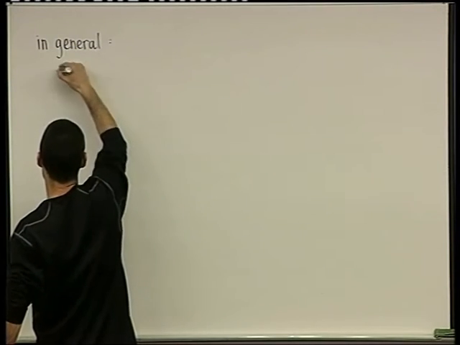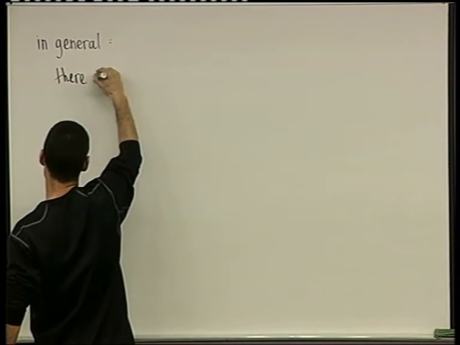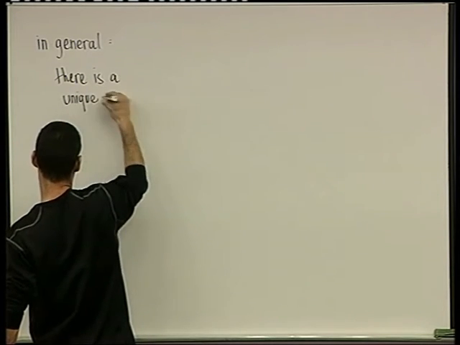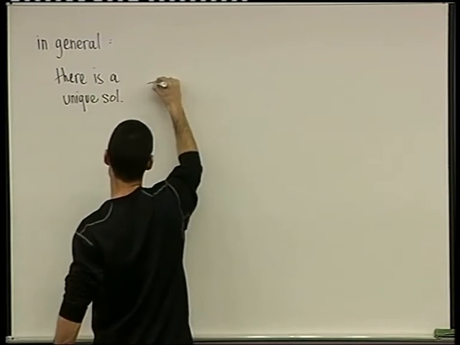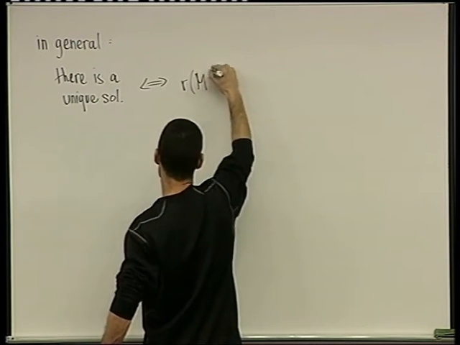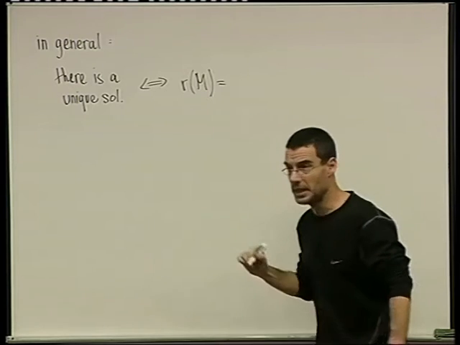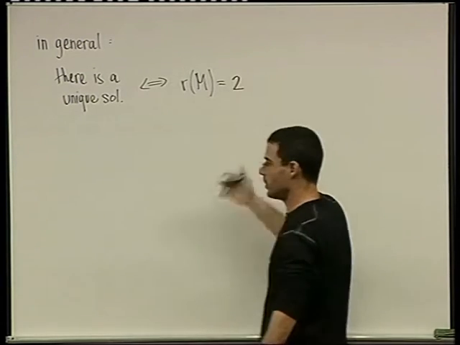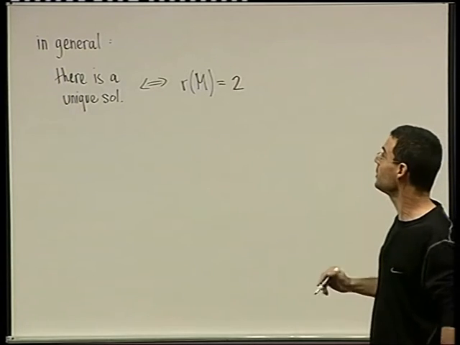In general, there is a unique solution if and only if the rank is full. And what does full mean in this case? 2. This is a 2 by 2 matrix. Full rank means 2.